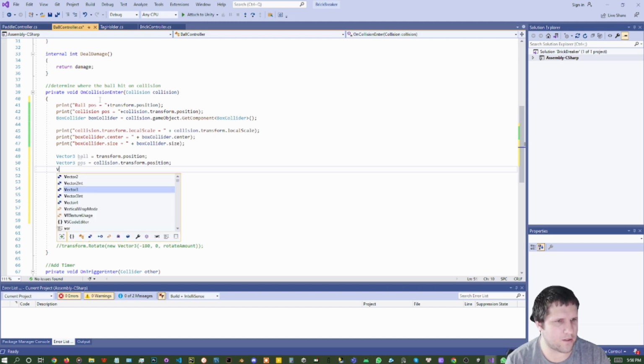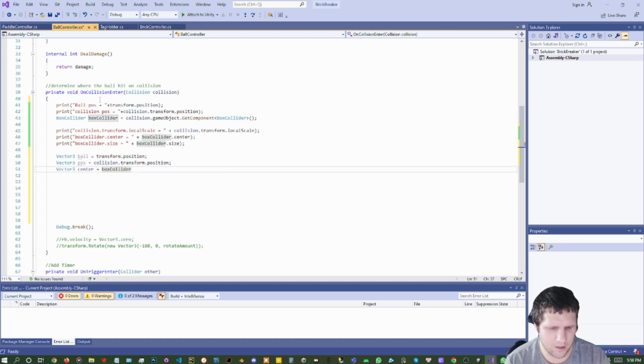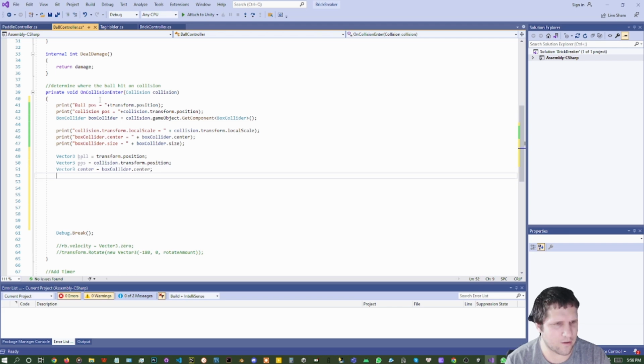So let's say vector 3 center equals our box collider dot center, and the vector 3 size equals the size.